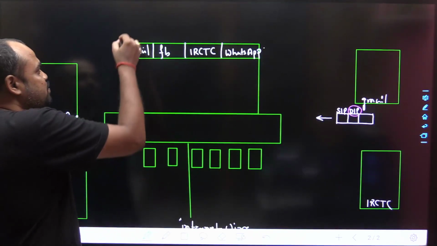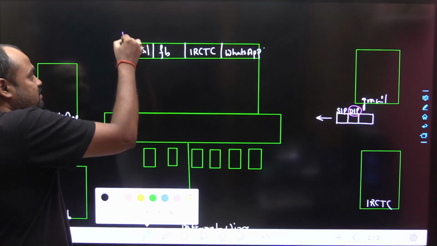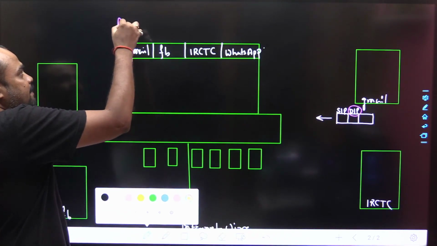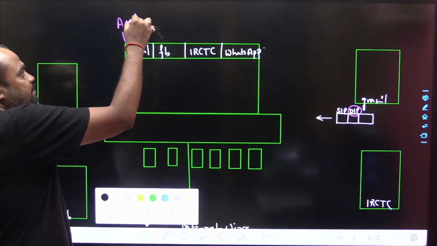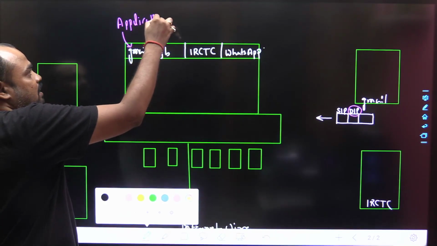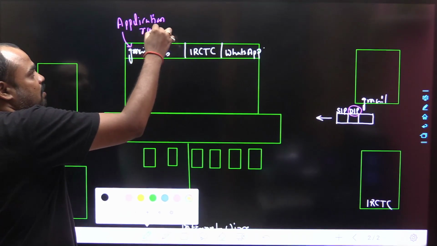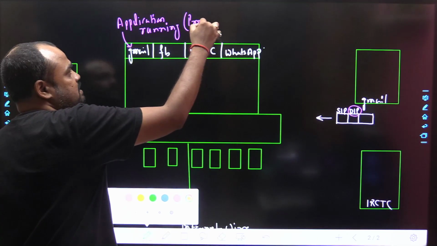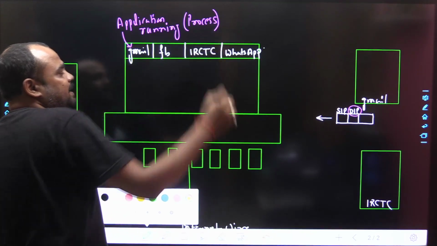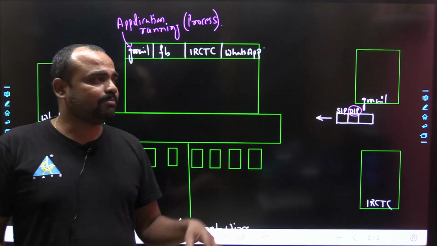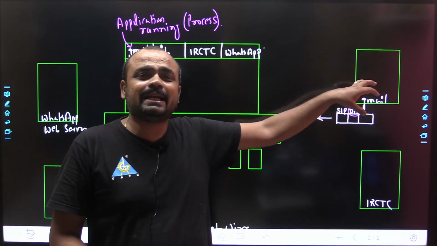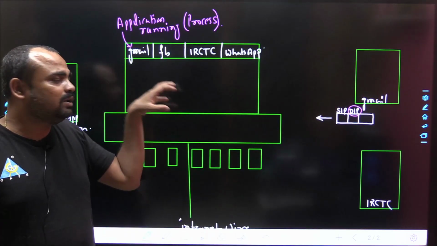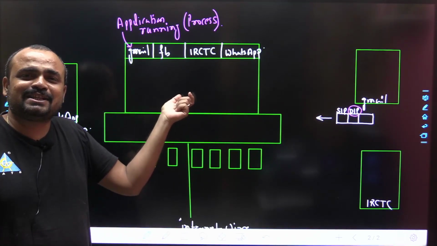So ultimately, these are nothing but applications running, or in other words, these are nothing but processes. See, what happened is that from the web server, the script comes to the final destination host.